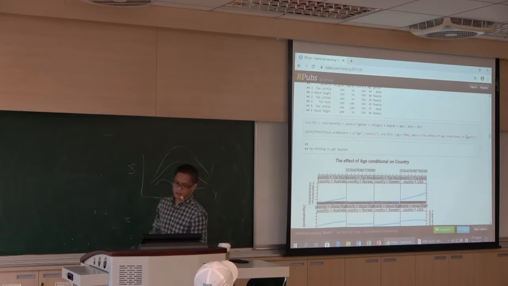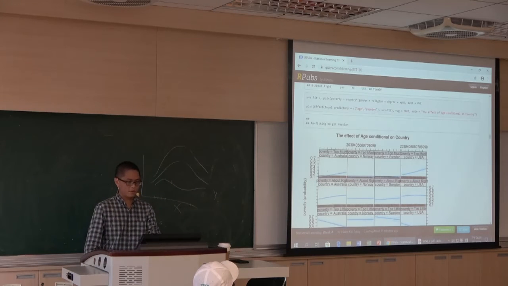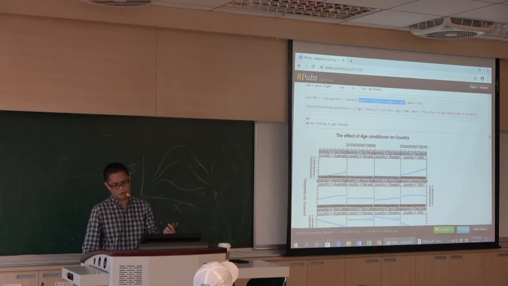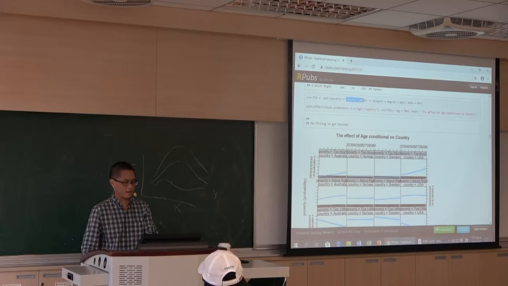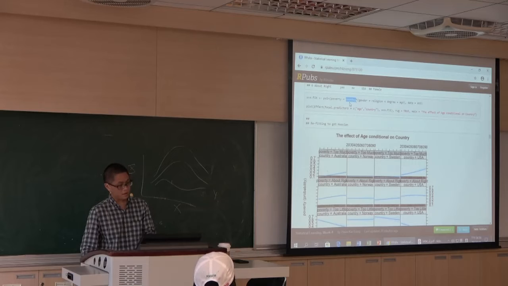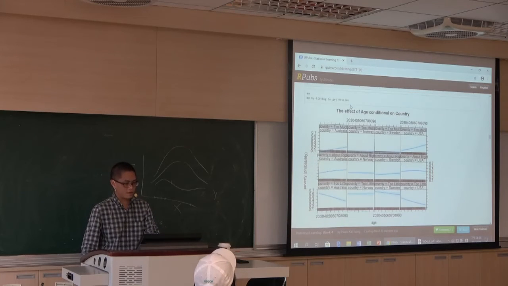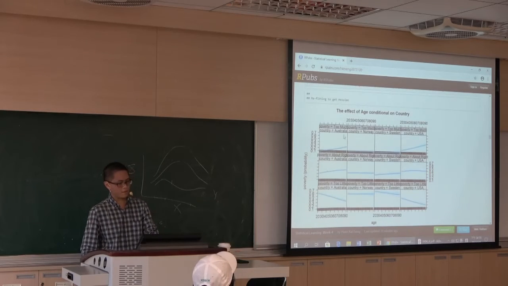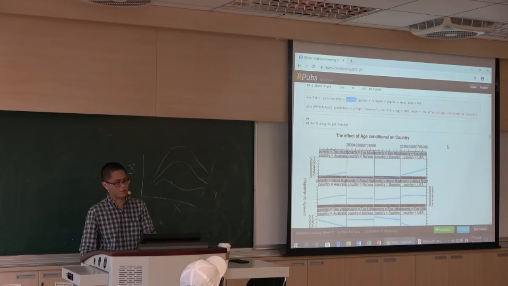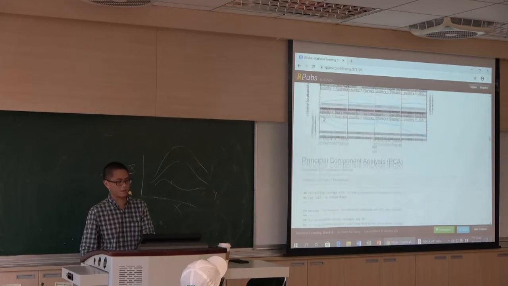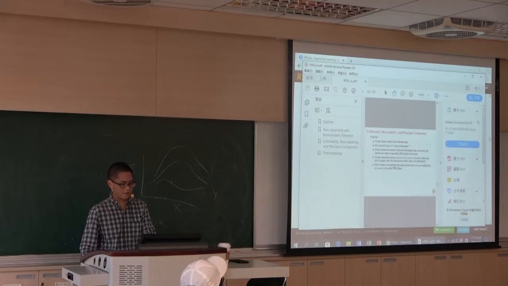Here we include all the individual-level variables, and then we multiply by country, which is a nominal variable. We see that people in Australia, Norway, Sweden, and the US have quite different perceptions on the issue of poverty, right? So that's the interaction test.